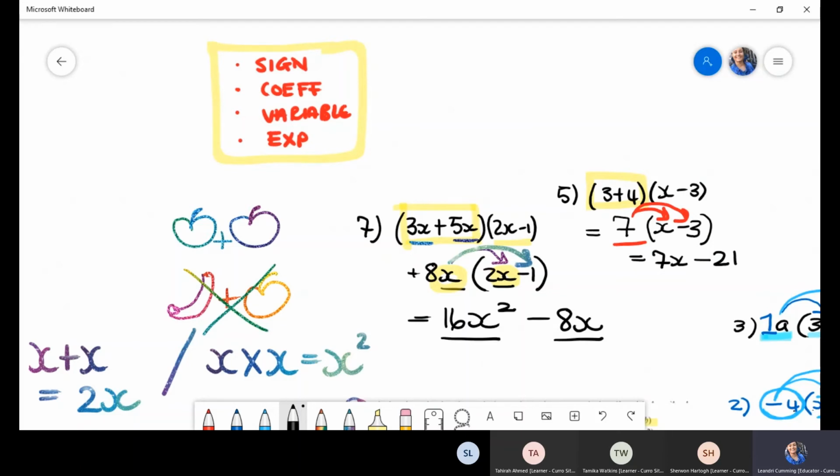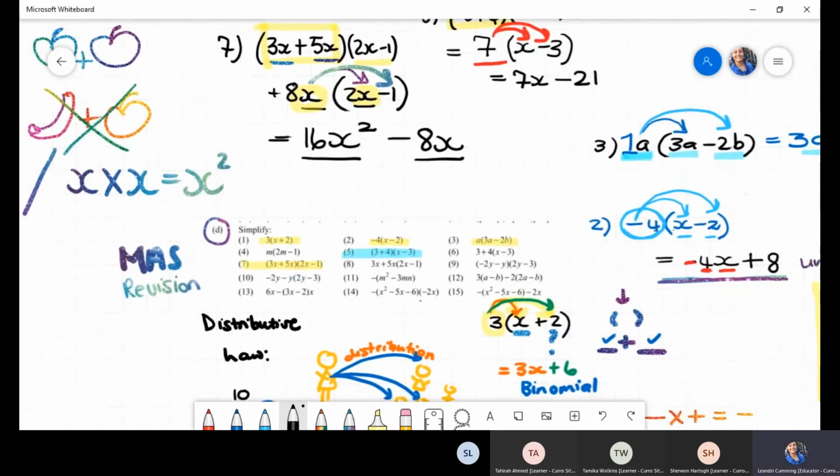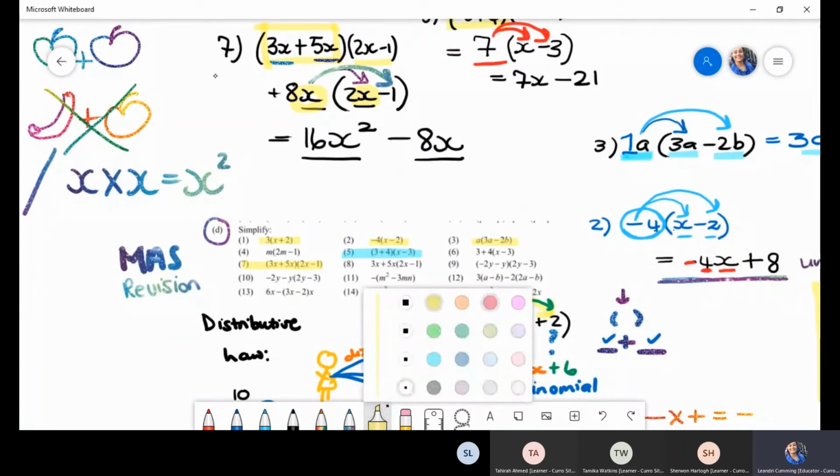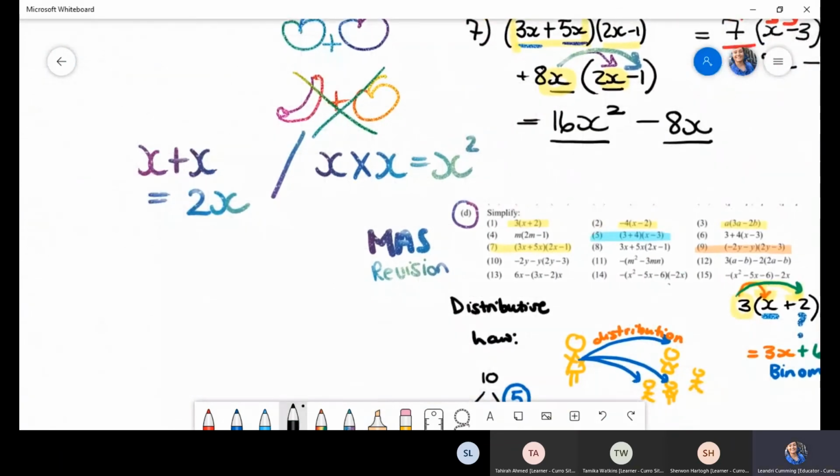Binomial. Okay, let's look at another one that might be scary. Let's look at number 9. So number 9 shows we have negative 2y, negative y, open bracket, 2y minus 3. And can we simplify something here? 2y minus 3 remains as it is. But let's check this one quickly. Very careful here. This is minus 2y minus 1y.